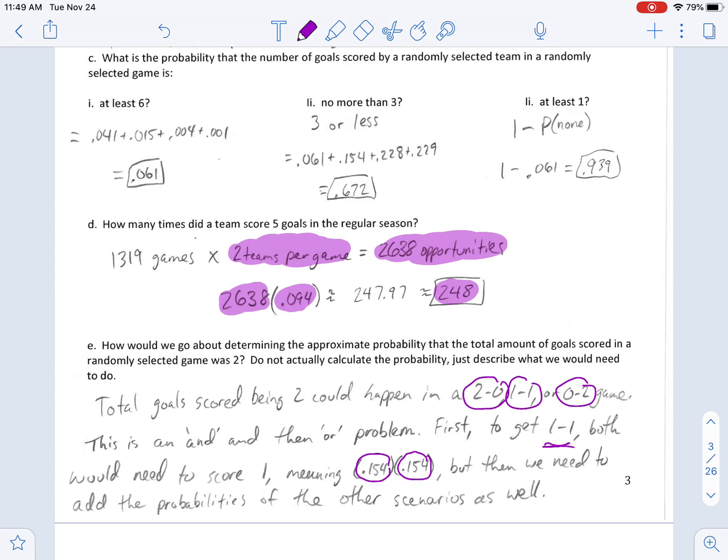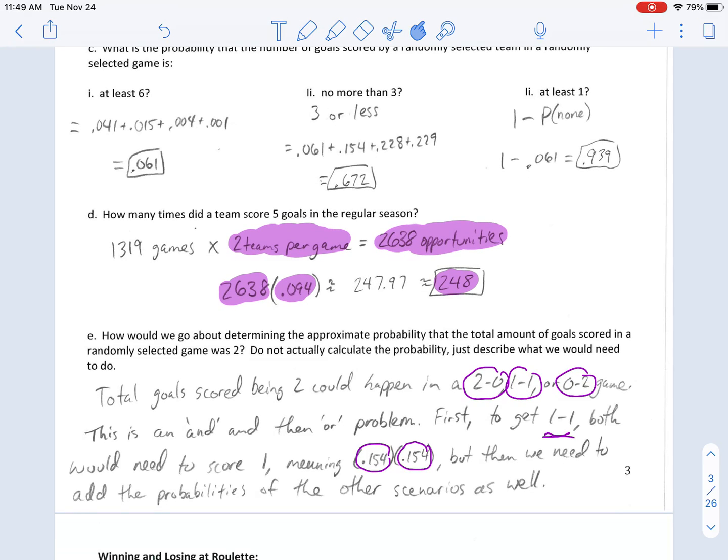And then you'd have to add up all the other opportunities there. Okay? So again, good things to think about. If you're like, holy cow, what? Pause it, go back, take a minute. It's not that it's not important. It is. It's not the main thing of what you'll be doing. This might not be on the test for this unit, but it's good things to think about, okay?